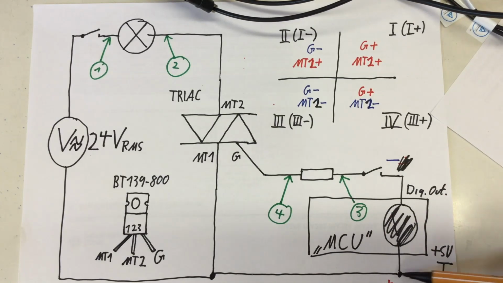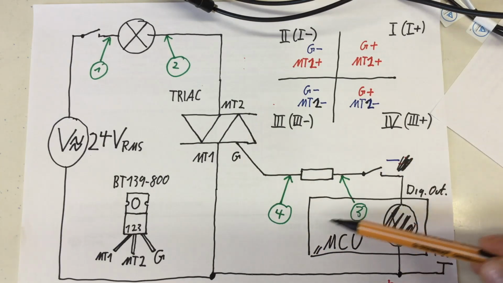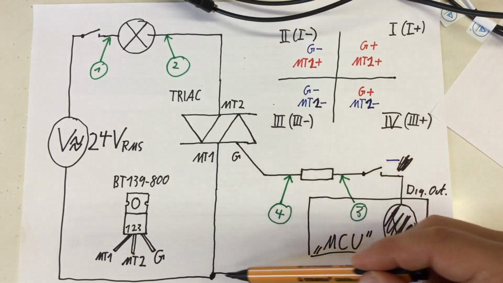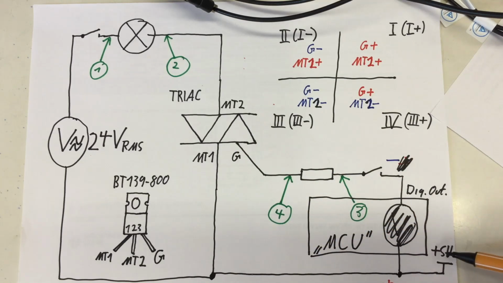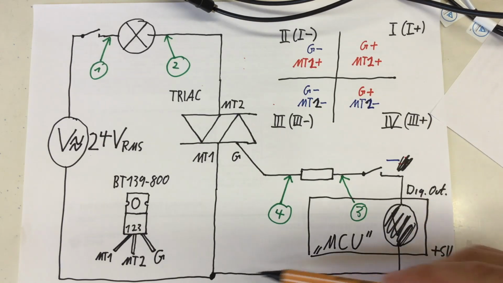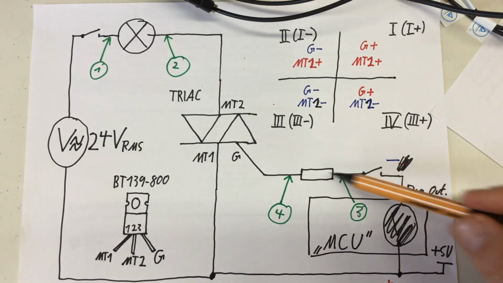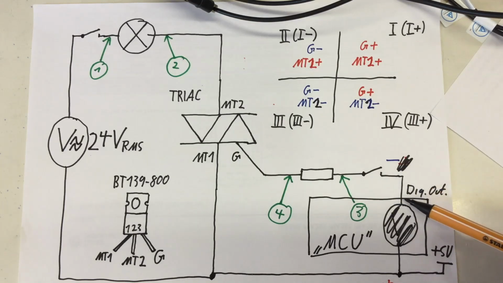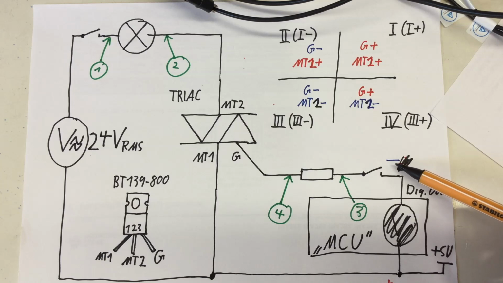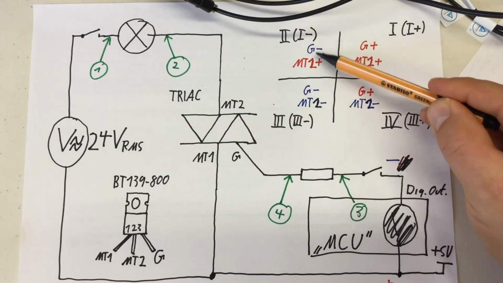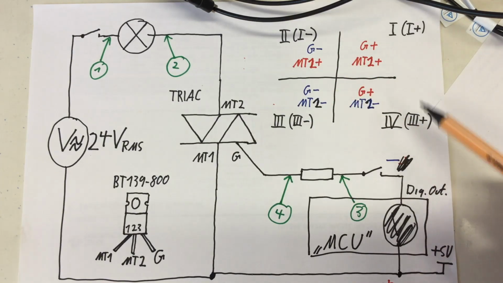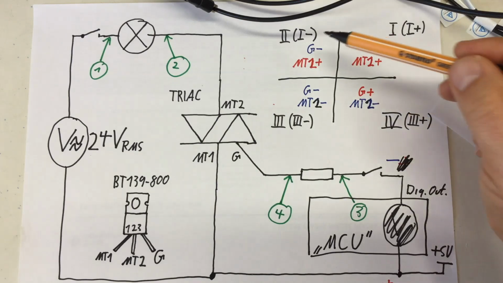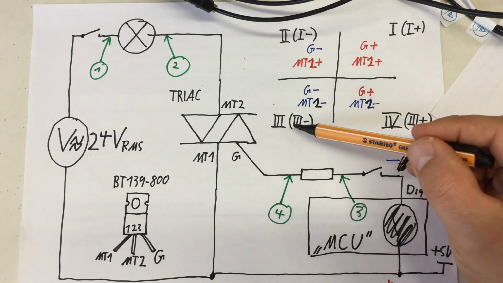We could, instead of connecting the ground of our microcontroller to main terminal 1, simply connect the plus 5 volt rail or 3.3 volt rail of our MCU to main terminal 1 and then switch the TRIAC on by pulling our digital output to negative. And that, gate always negative, would shift our operation from quadrant 1, quadrant 4 to quadrant 2 and quadrant 3.